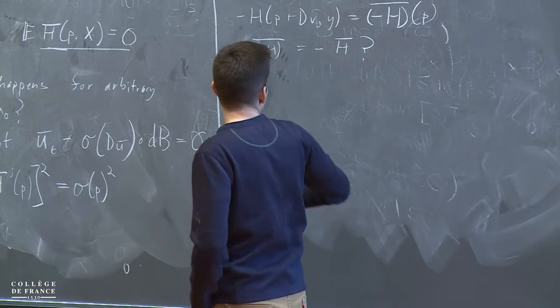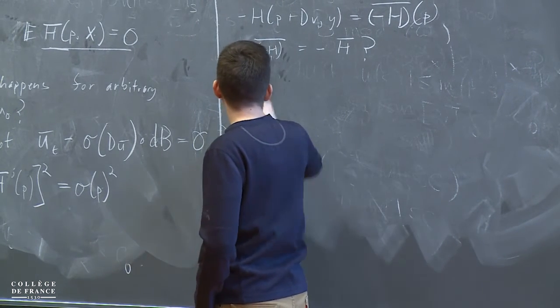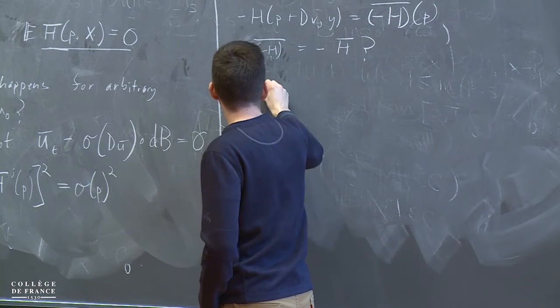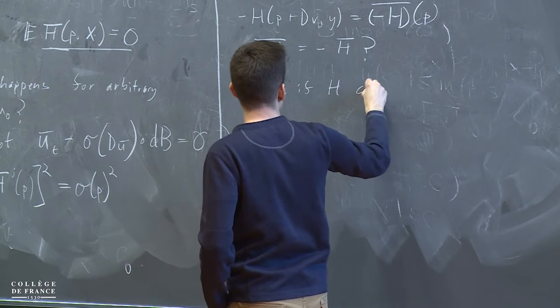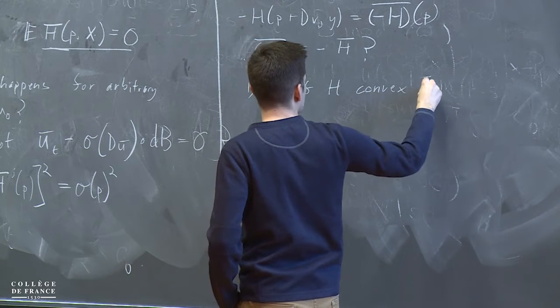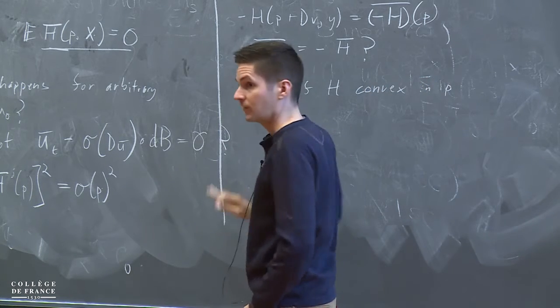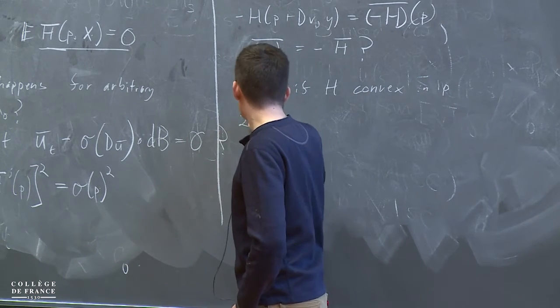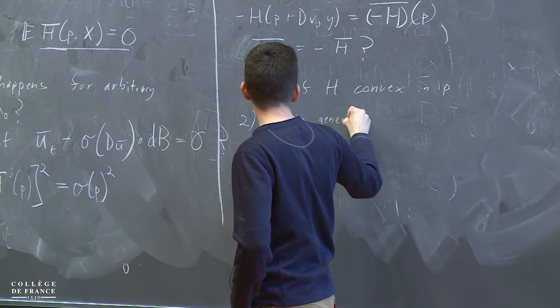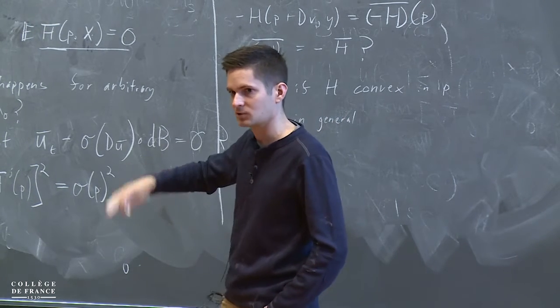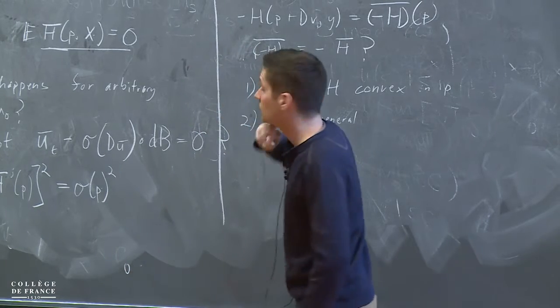You should guess that this isn't such a straightforward question. The answer is yes, if h is convex in the gradient variable. So that's fine. But it's no in general. And there are actually examples that you can construct of non-convex Hamiltonians where this fails.